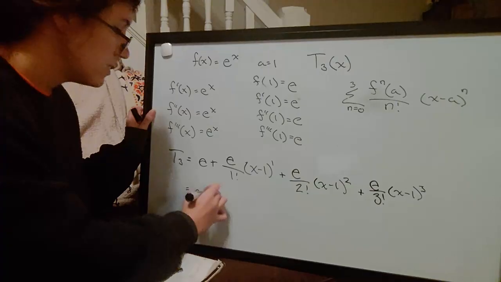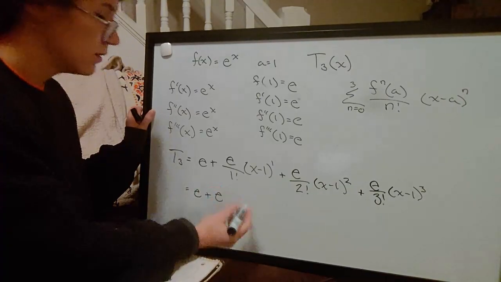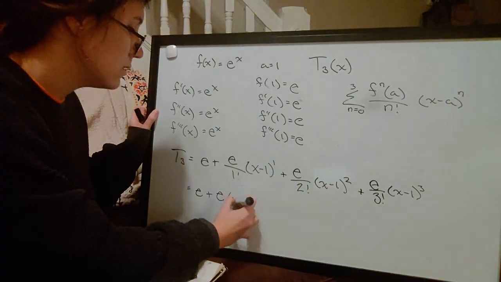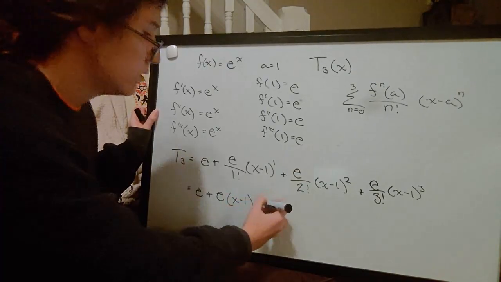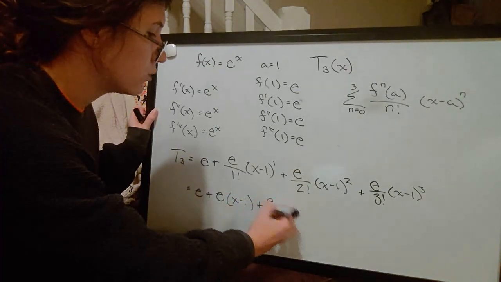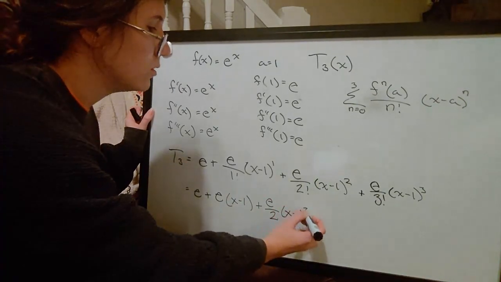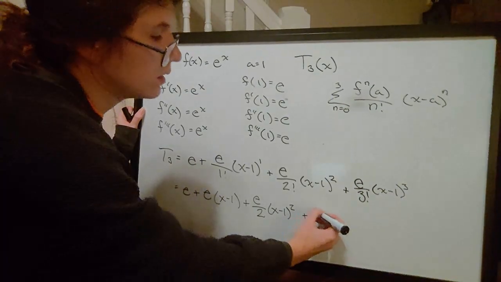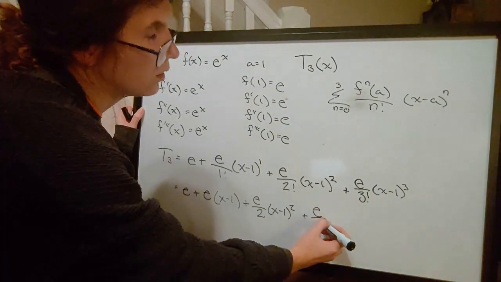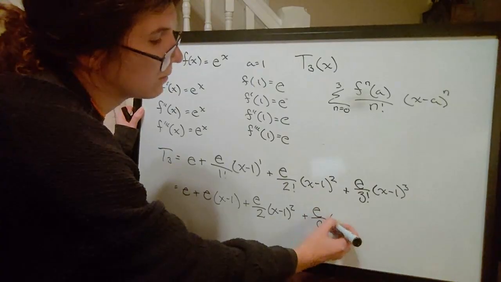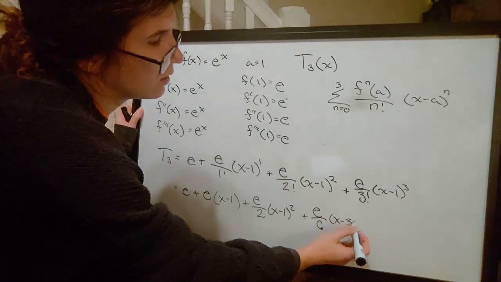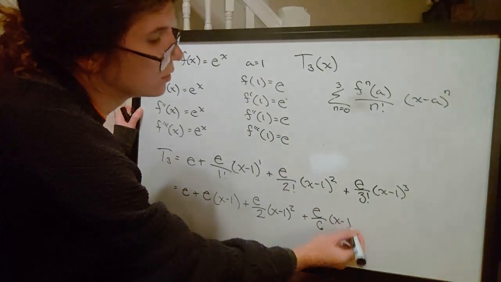So we'll just say e plus e divided by 1, which is just e, times x minus 1, plus e, 2 factorial is just 2, x minus 1 to the 2, and then e over 3 times 2 is 6, x minus 1 to the 3.